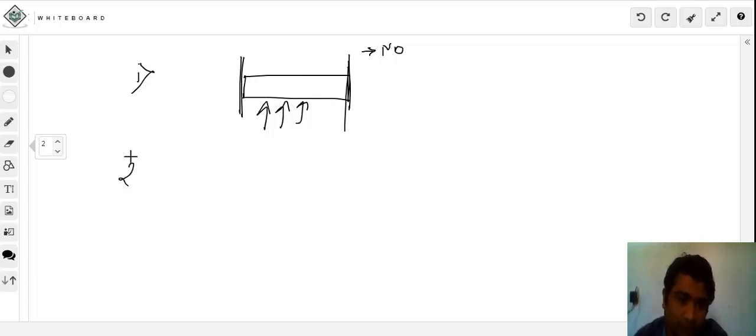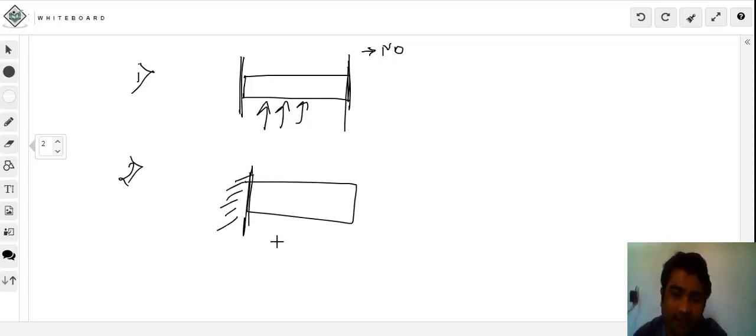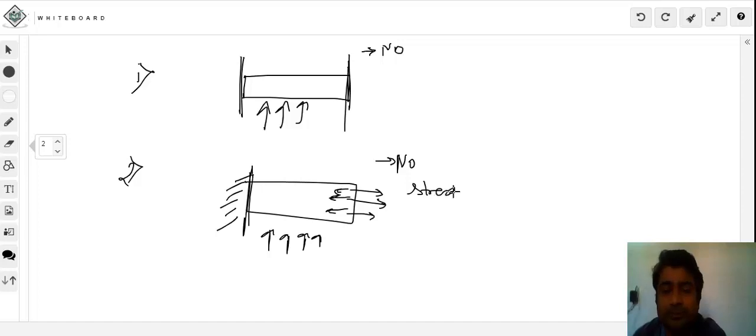Point number two, they will say, if this is a free rod and we have fixed one end and then we supply heat, will there be stress? Again the answer will be no. Why? Because the rod is free to expand in this direction. When there is no obstacle, when there is no internal force, then there will be no stress.